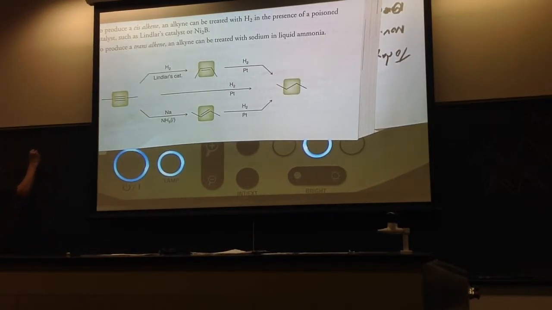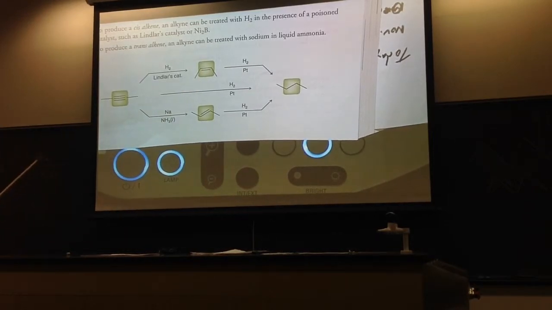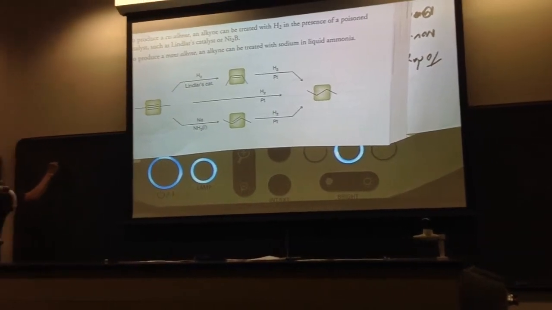First, add halogen. Second, add a strong base, sodium amide. That will take you from here to here. And then halogen to this, you get this. Just put in some hydrogens.